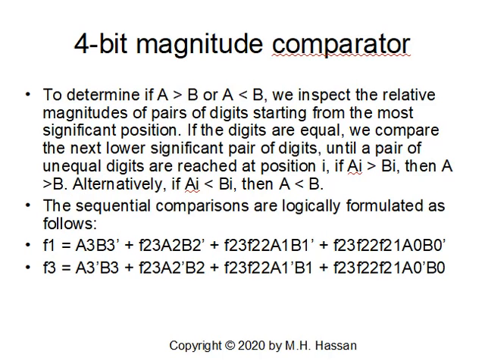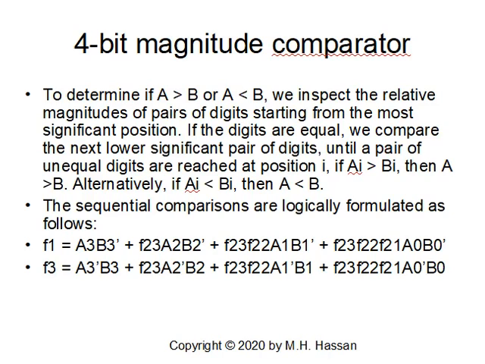To determine if A is greater than B or A is less than B, we inspect the relative magnitudes of pairs of digits starting from the most significant position. If the digits are equal at the most significant position, we compare the next lower significant pair of bits until a pair of unequal digits is reached at position i.